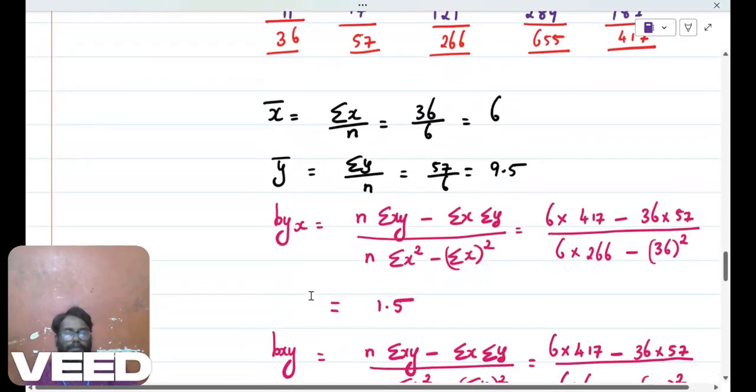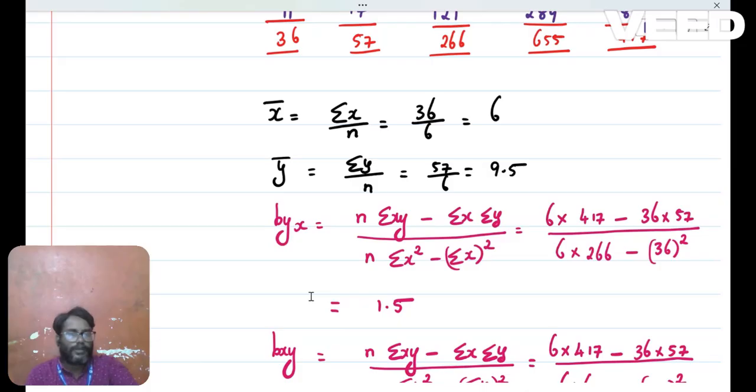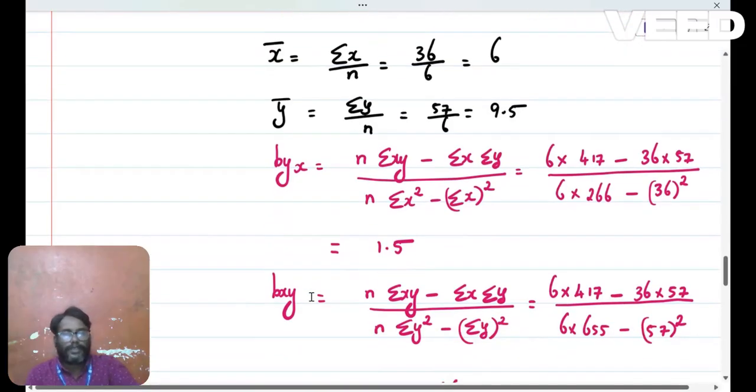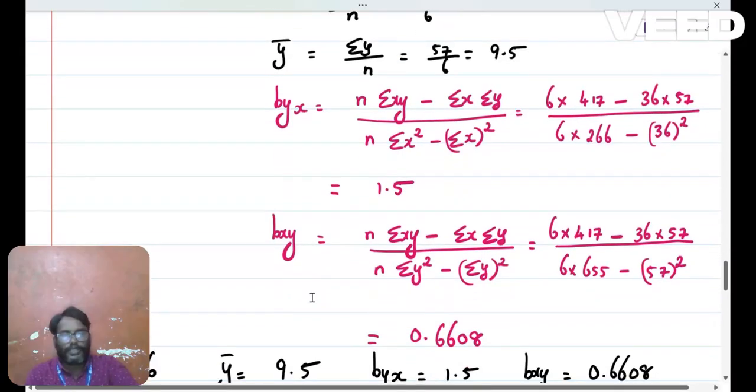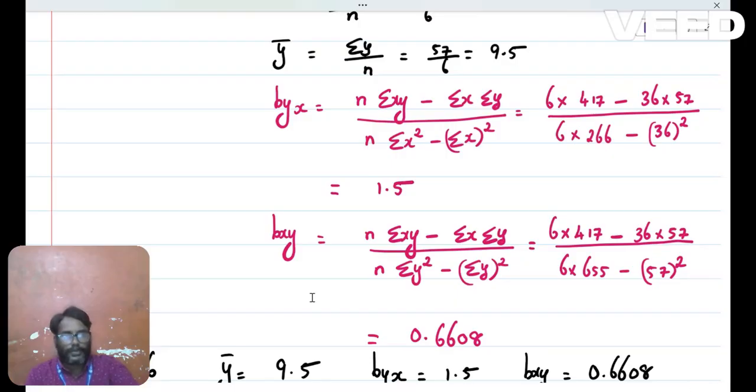Next we have to compute the value of x bar and y bar. The x bar value is sigma x by n, which is 6. Y bar value is sigma y by n, which is equal to 9.5. Next we have to find the regression coefficients, that is b of yx and b of xy. The regression coefficient b of yx is equal to n into sigma xy minus sigma x into sigma y divided by n into sigma x square minus sigma x the whole square.